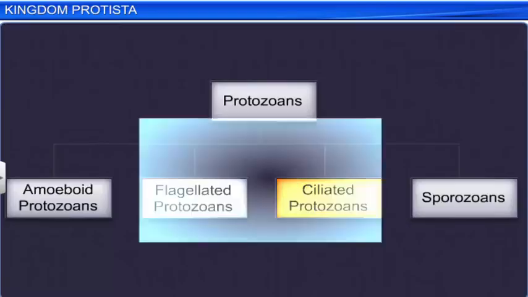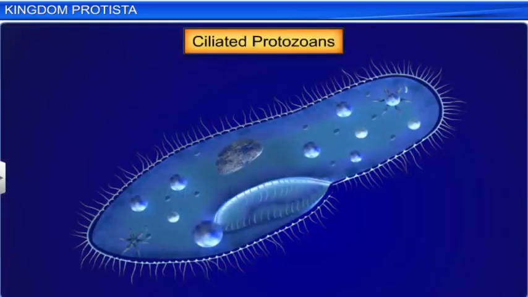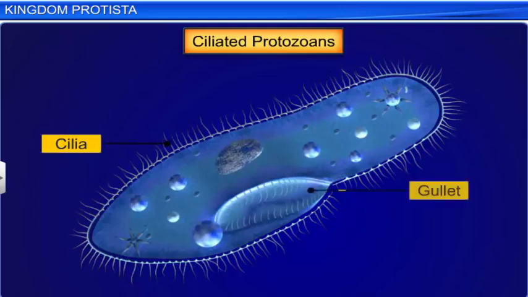Ciliated protozoans like paramecium can be found at almost all places where there is water. They are very active since they possess thousands of cilia. It is the coordinated movement of these cilia that steers the water containing their food into their gullet.